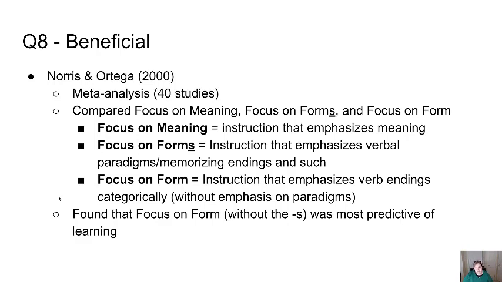This is not by chance. I spent a lot of time reading about this kind of thing, and this is what I took home, right? Understanding how it works, more or less, is so much more important than me quizzing you on every single, I don't know, morpheme. Anyway, so that's Norris and Ortega.